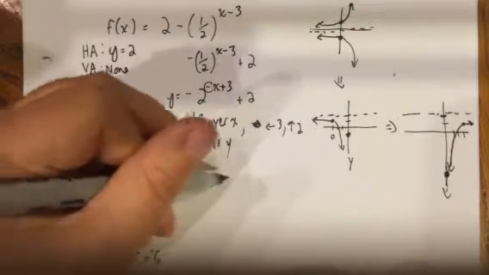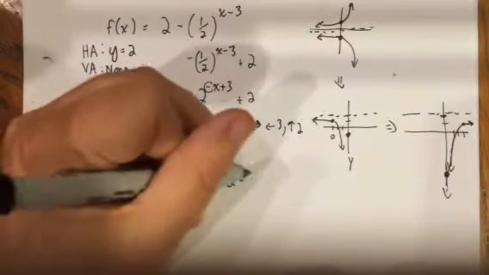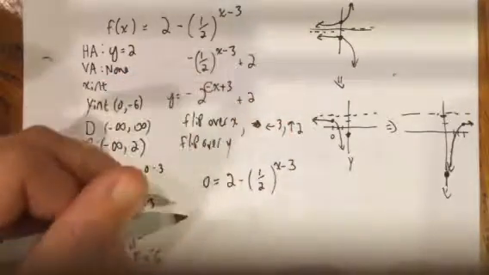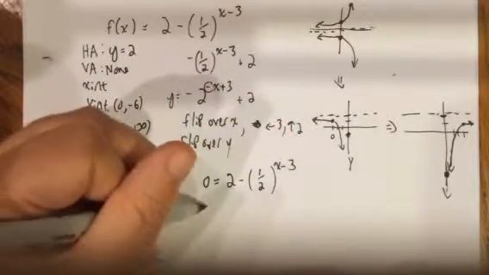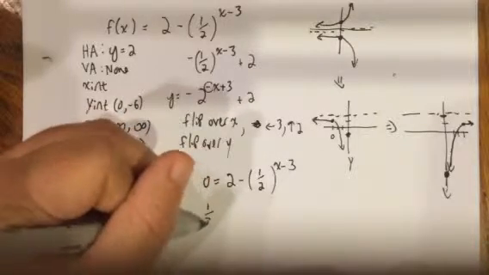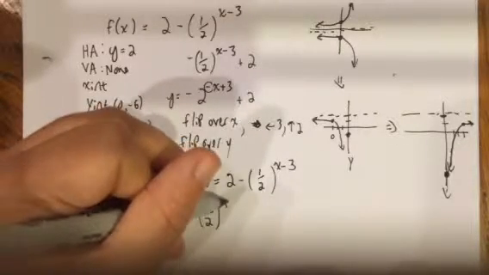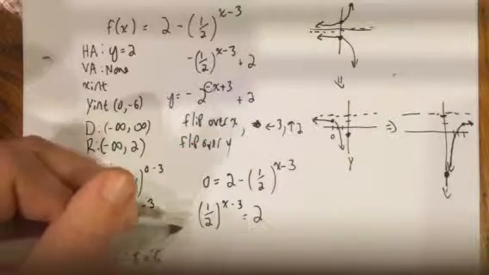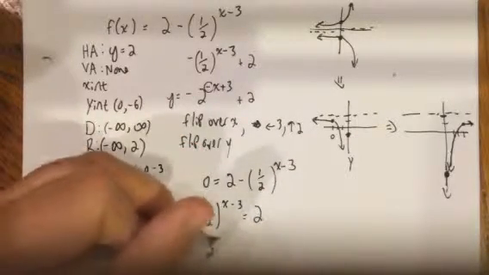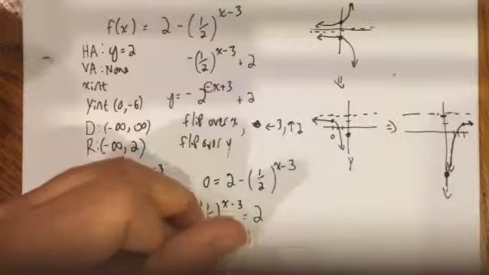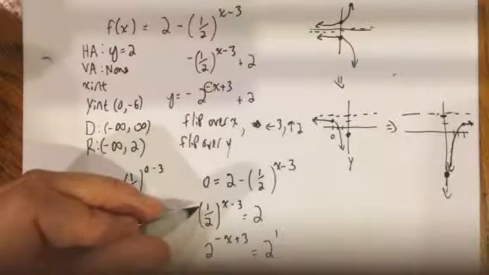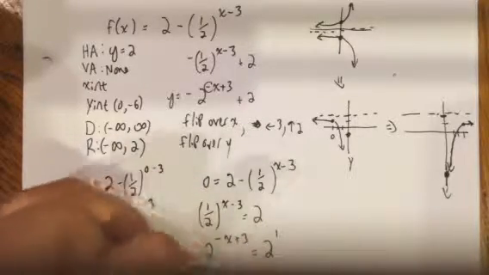Okay, let's try to find my other one. So 0 equals 2 minus 1/2 to the x minus 3. I'm going to move my exponential over. So 1/2 to the x minus 3 equals 2. Write this with common base. So 2 to the negative x plus 3 equals 2 to the 1. Because again, negative flips over the fraction bar. Got the exact same base now.